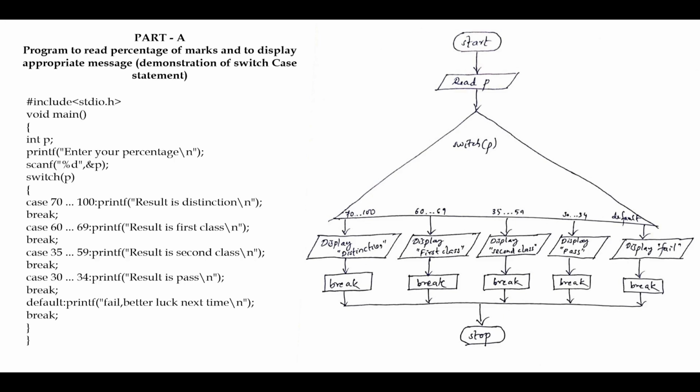For that, I have drawn the flowchart. You can see in the flowchart we are starting with the start symbol. Then we are reading the percentage. For reading purposes, we have taken a parallelogram, and the switch case should be drawn like this, where we are using all the cases in the switch part, and if it matches a case, we are displaying the message, and then we are using the break statement.